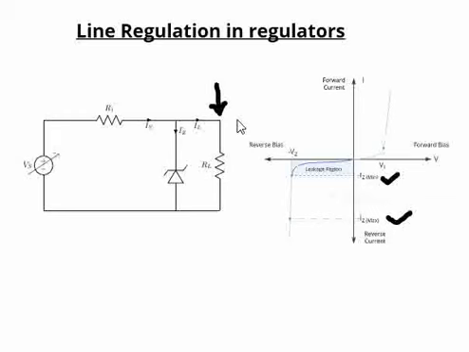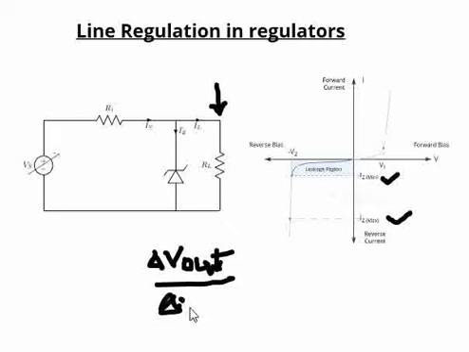That is why we use regulators, right? So the ratio of the change in output voltage to the change in input voltage, delta V out by delta V in, is nothing but line regulation.